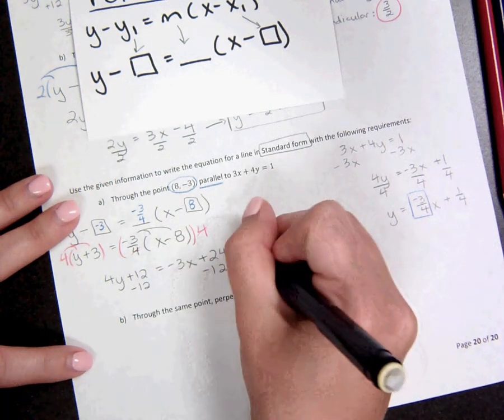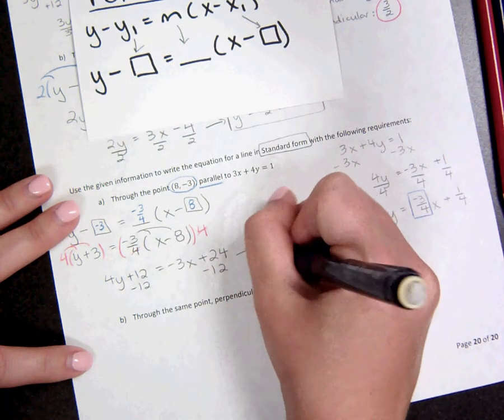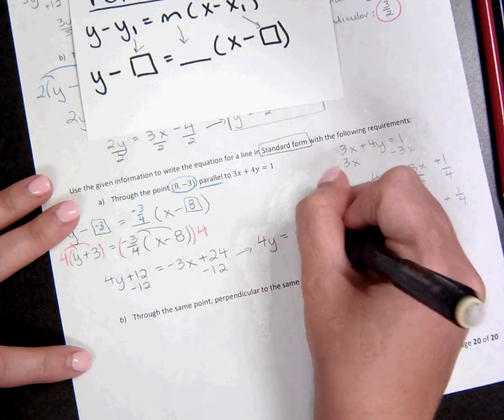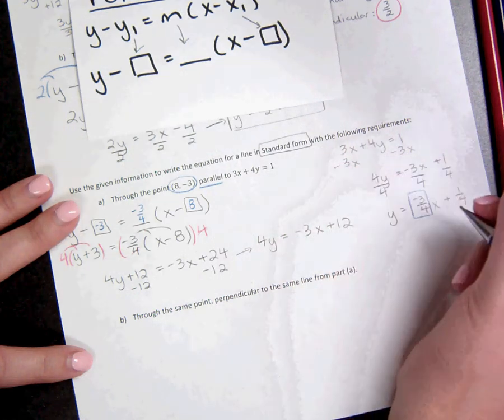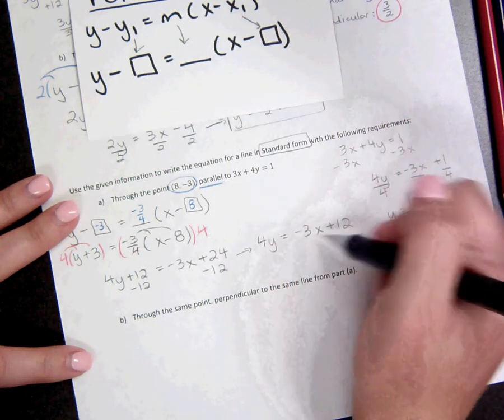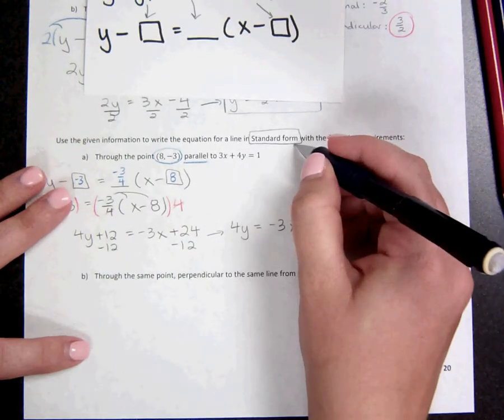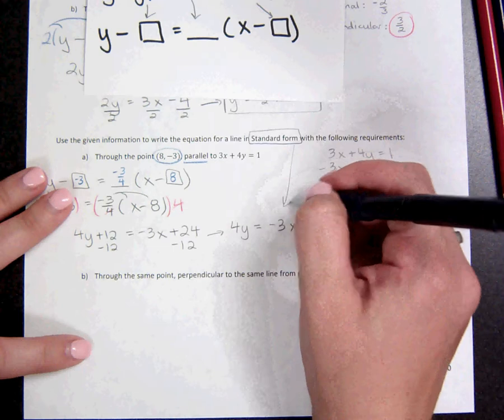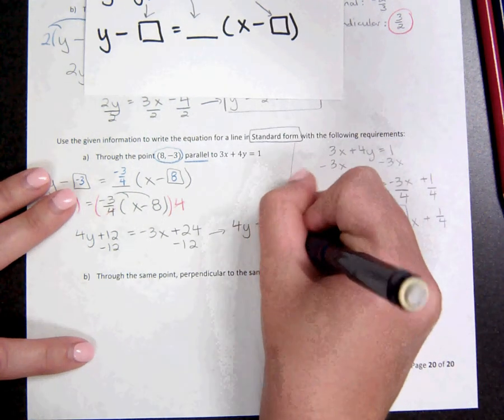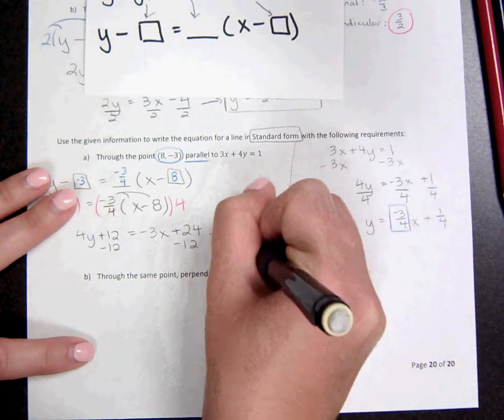And that's going to give me, I'm going to write it over here so we can see it, 4y equals negative 3x plus 12. And I would divide everybody by 4, but the directions say standard form. So because it says standard form, I'm going to move that 3x to the other side instead.